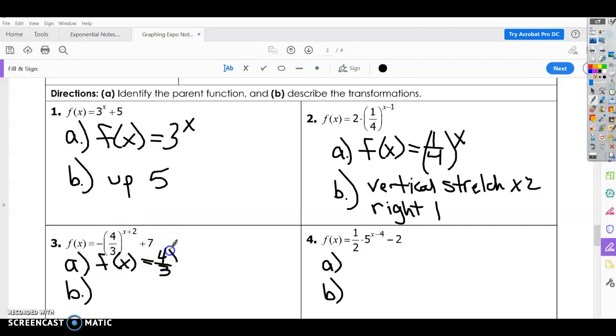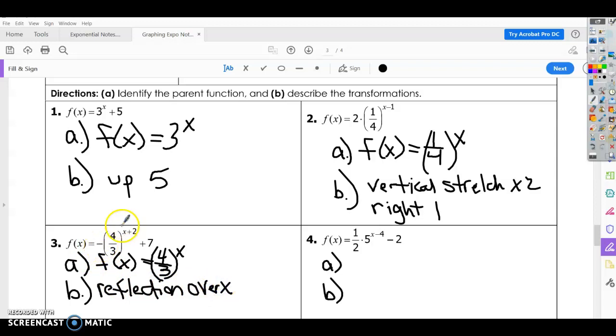All right, for number 3, our parent function is 4/3 to the x, so f of x equals 4/3 to the x power. And because this is negative, that means we have a reflection over x. And again, you can refer to your notes right above to see where I'm getting this. So reflection over x because it's negative.